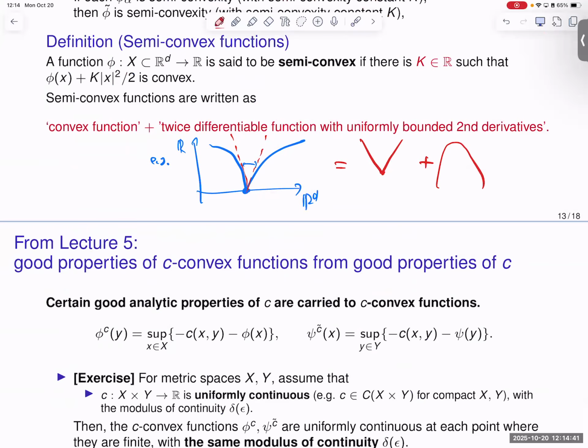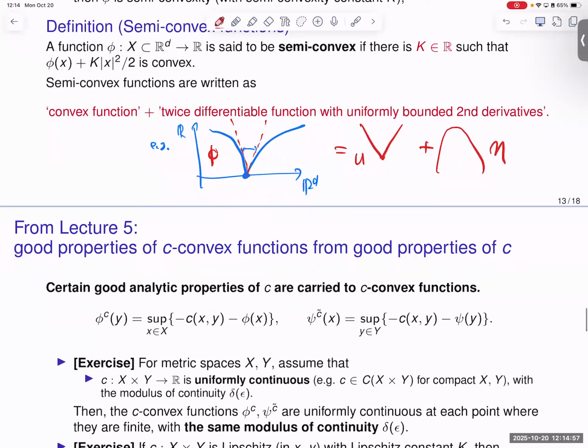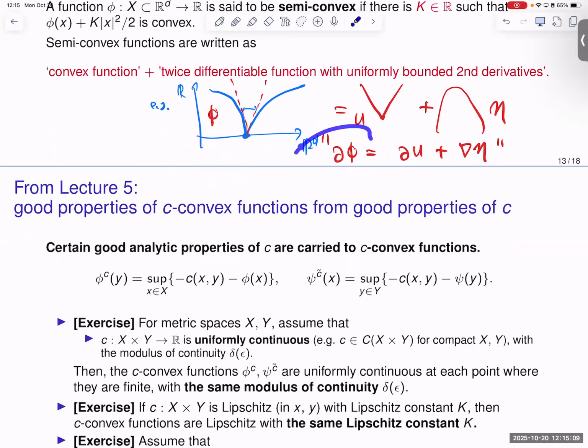So if this is phi, and this is, let's say, a convex function u, and this is another function eta, then the subdifferential of phi is basically the subdifferential of u plus the derivative of eta.